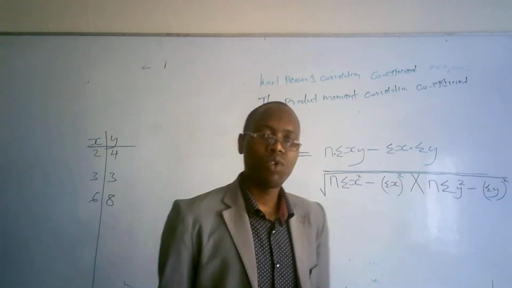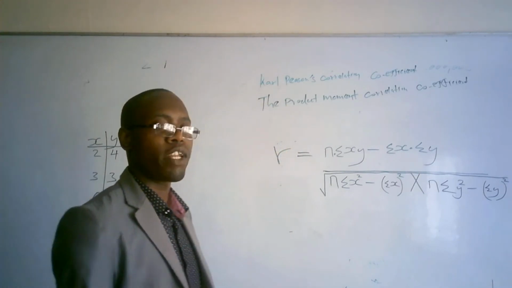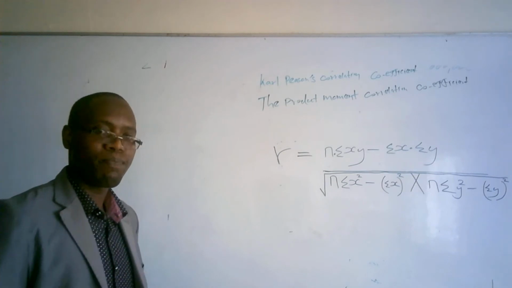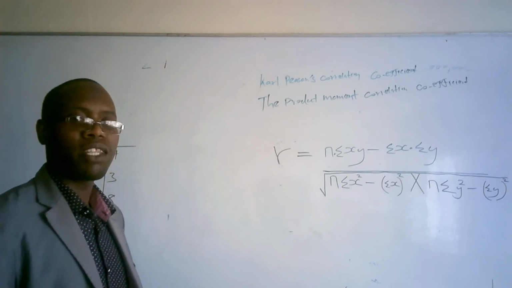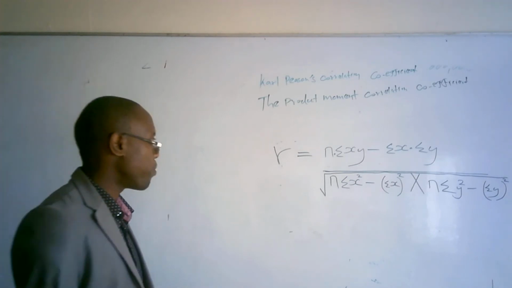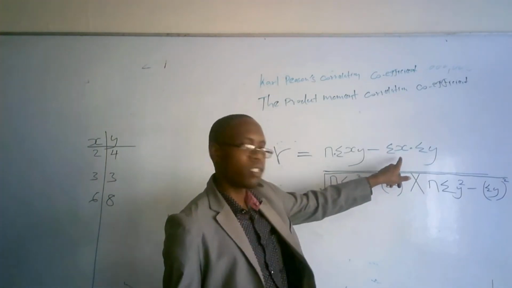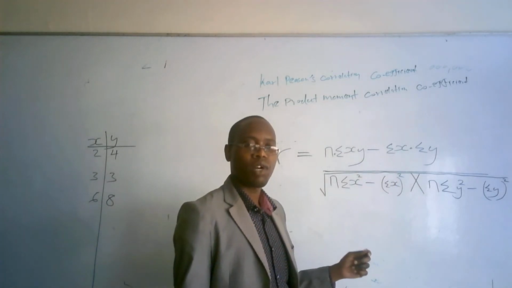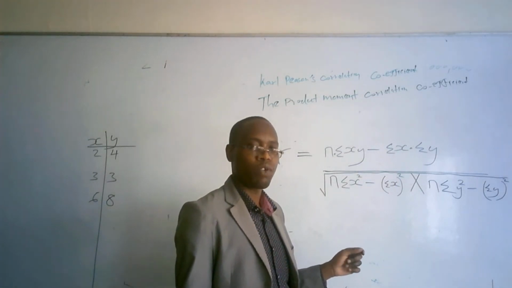So how do we go about it? You have two variables, x and y. It is actually very simple. There are even some marks that you can get without much thinking, because the formula is the guiding principle. That's why you must know the formula very well.